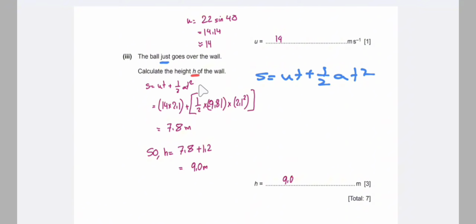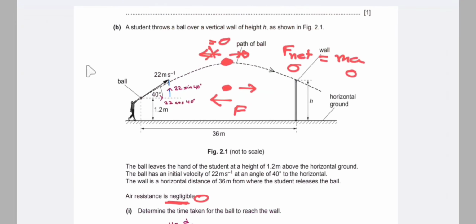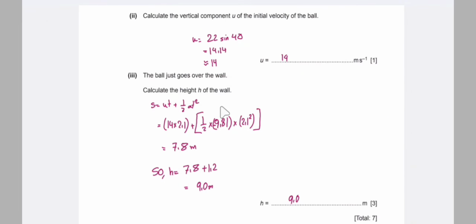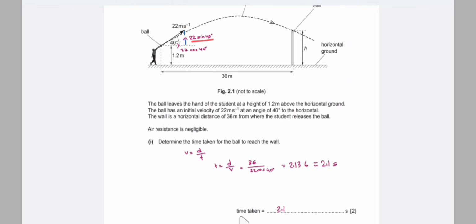Now we need to calculate the value of vertical height. So for the vertical height, there is this vertical height. So we need to consider the vertical component of velocity, and the height is h, and the time taken to reach the wall is 2.1 second.